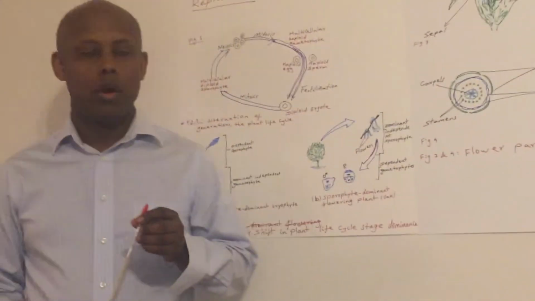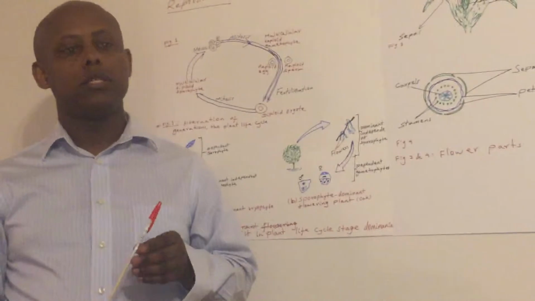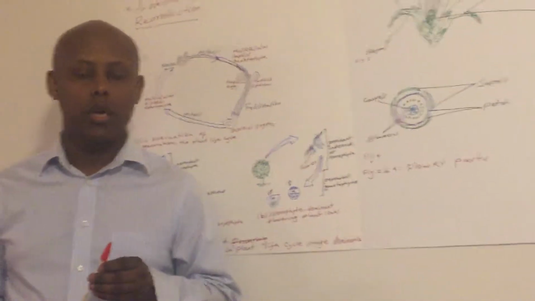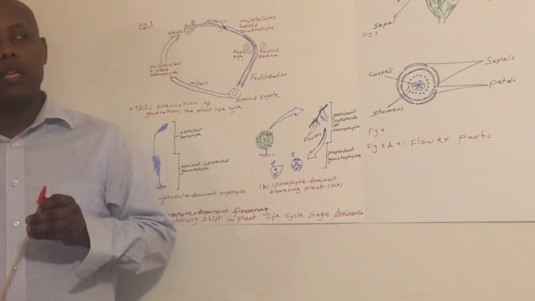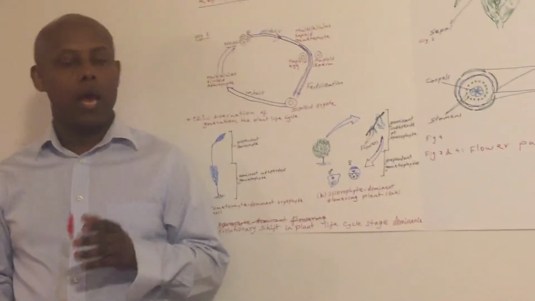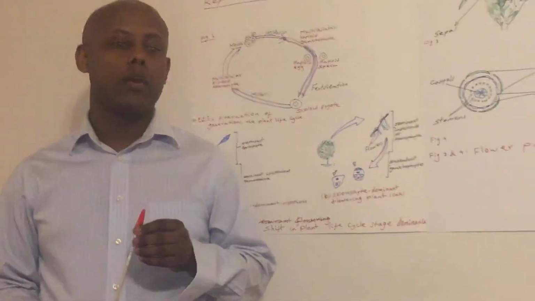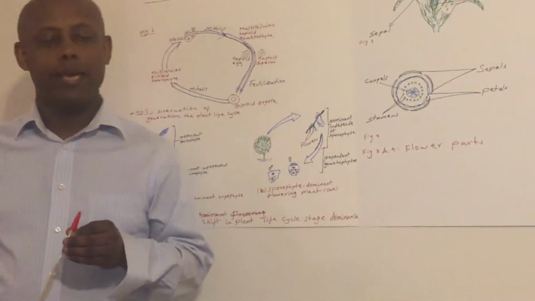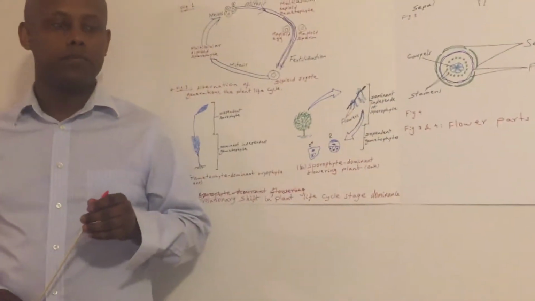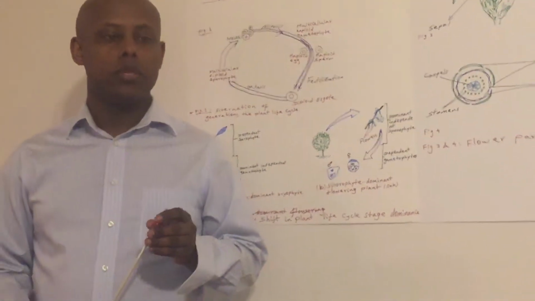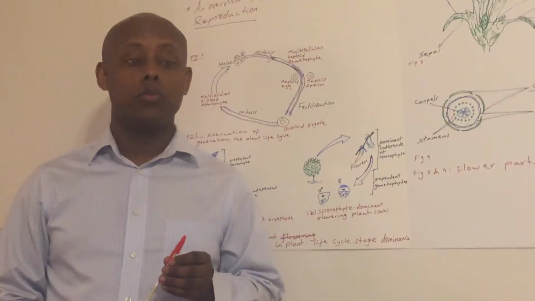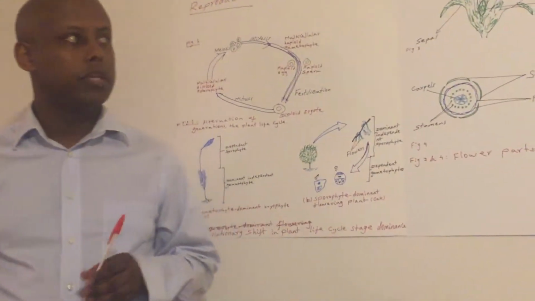Somatic embryogenesis is the production of embryos from individual cells, and apomixis is a mechanism by which some plants produce seeds from flowers without fertilization.